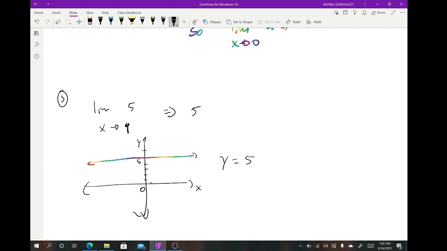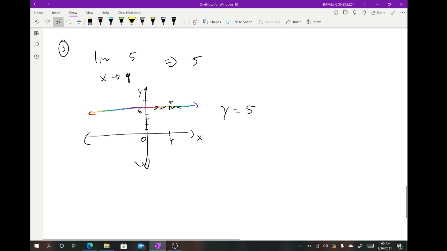So if you go all the way out to 4 on the x-axis, you could clearly see that you're going to be hitting up here, and then when you take the limit from the left and the limit from the right, you still get the value 5 because the output here is 5. So the limit is 5. So that's a simple problem that you may or may not have, so you definitely need to know how to do them. You never know what I'll put in.